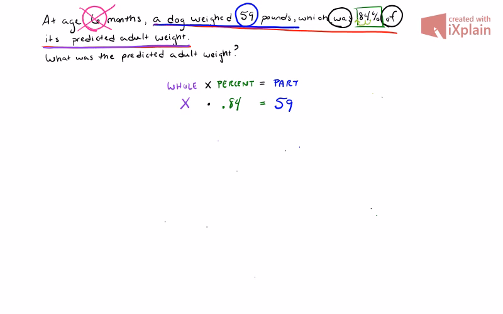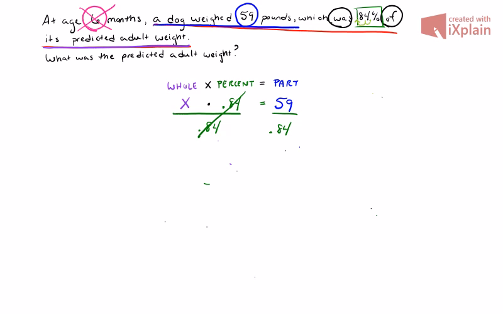So now we want to go ahead and get the variable isolated. We need to move or cancel out any values that are in its way. In order to undo the multiplication between the variable and the number 84 hundredths, we're going to divide 84 hundredths on both sides so that it will reduce out on the left.